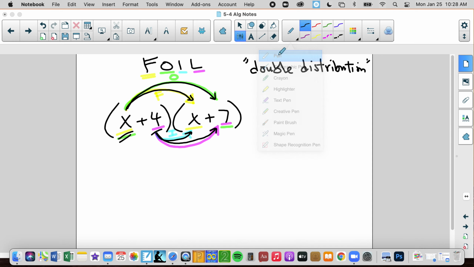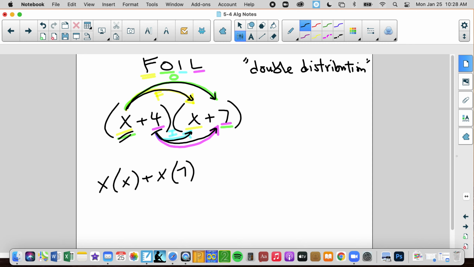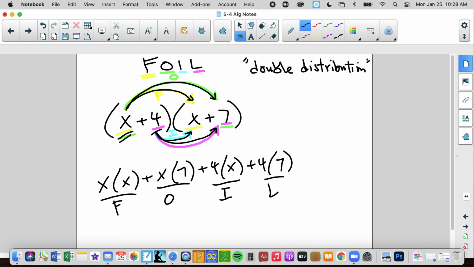So if we write it down, we have x times x plus x times 7 plus 4 times x plus 4 times 7. This is your firsts. This is your outside product. This is your inside product. And these are the product of your lasts. So that's where we get the term FOIL.